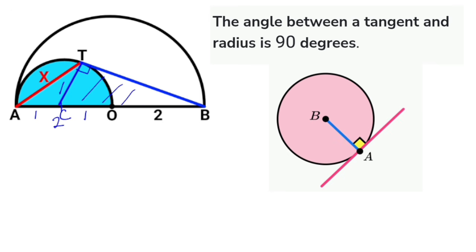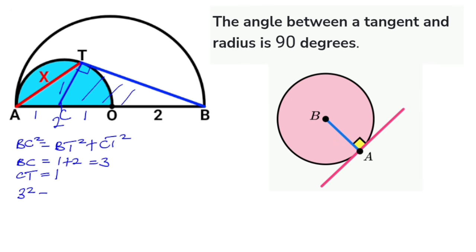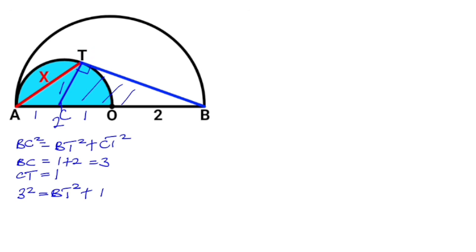Next, let's focus on triangle CTB. Since triangle CTB is a right triangle, from Pythagoras' theorem, BC squared is equal to BT squared plus CT squared. BC is equal to 1 plus 2, which is equal to 3. And CT is equal to 1. Substituting these values in the above expression will give us 3 squared is equal to BT squared plus 1 squared.